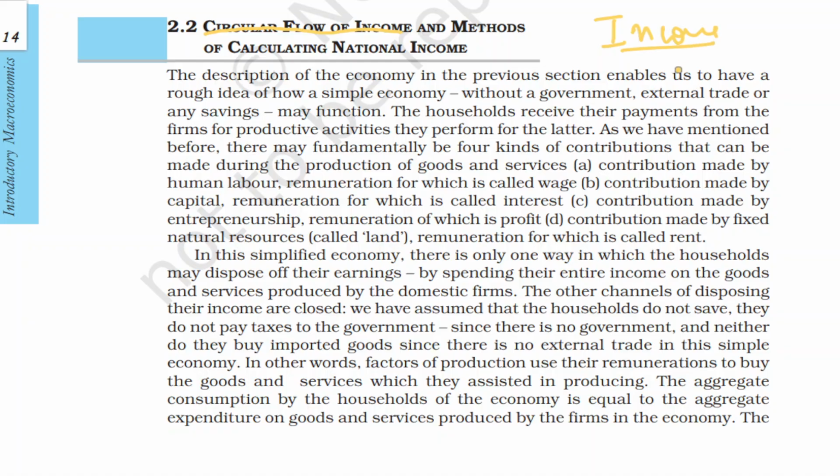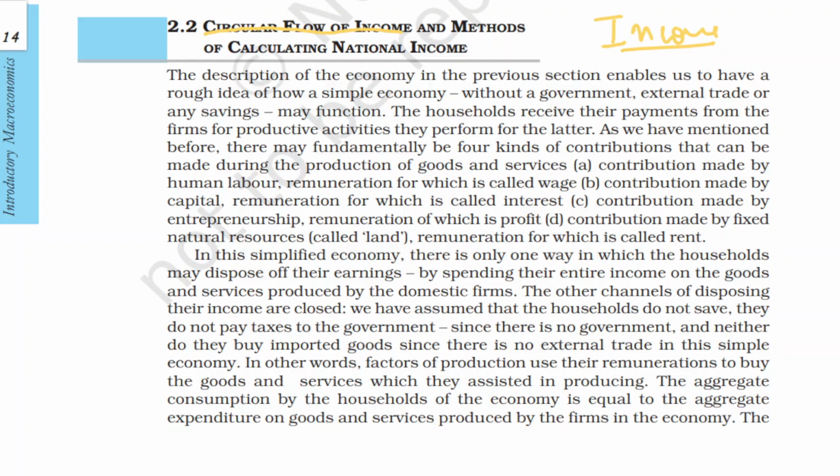How there is a flow of income in an economy, how your income is someone's expenditure and someone else's expenditure is your income. This particular topic will tell you exactly this: how the circle of income flows in an economy, how the leakages happen, how our economy works, and what the different steps are that help us calculate the national income. We'll be able to find that out from this, right?